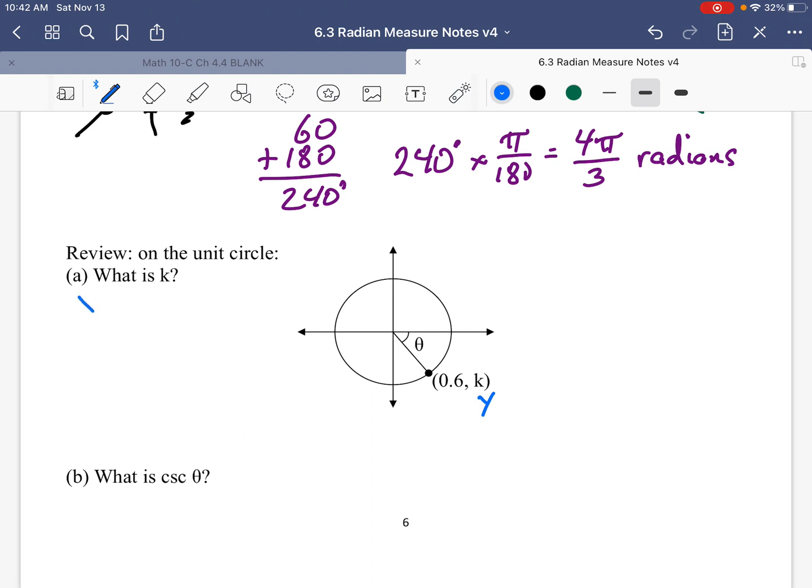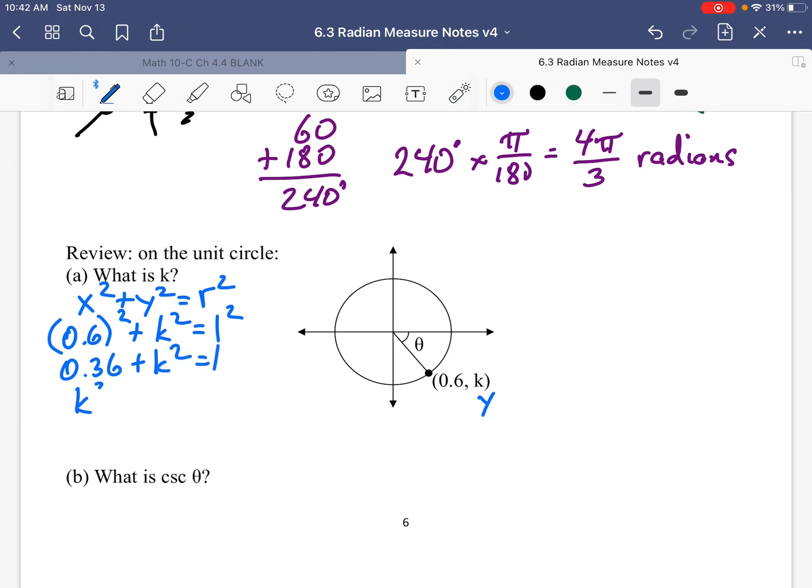Now, finally, a little bit of review. What is on the unit circle? What is k, the coordinate here? Now, x squared plus y squared equals r squared. 0.6 squared plus k squared equals 1 squared.